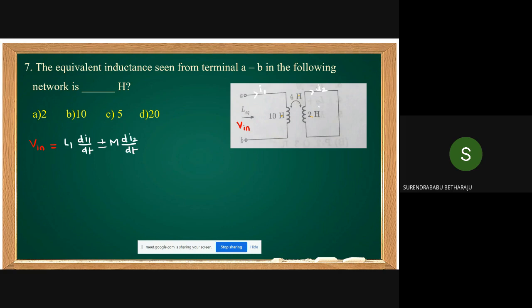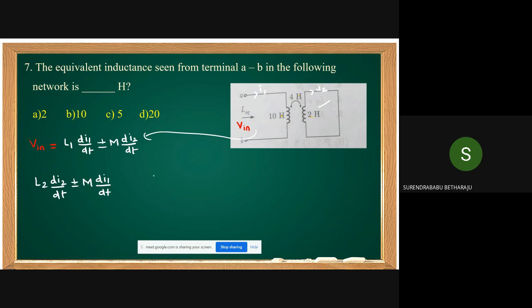Now we'll see the second loop. Here I'm applying KVL. This is Vin for the first loop. In the secondary side I write L2 di2/dt plus or minus M di1/dt.